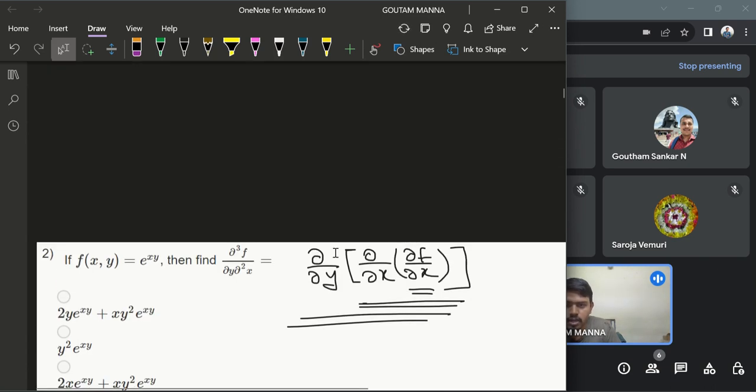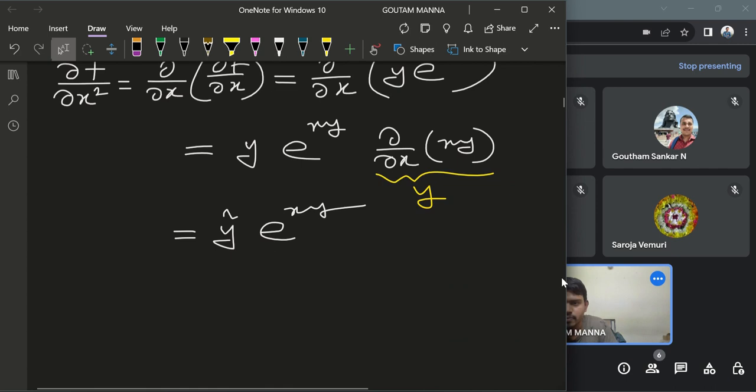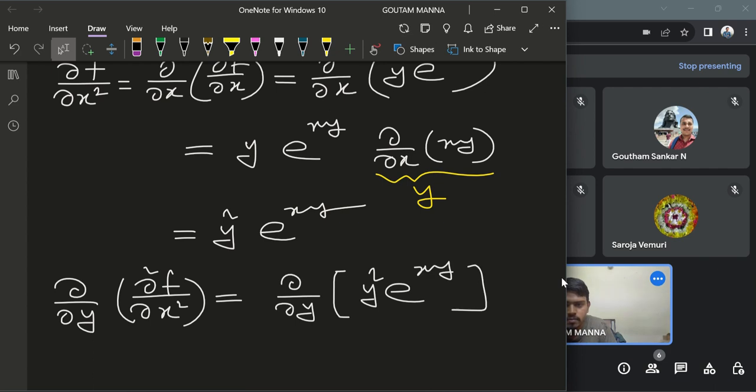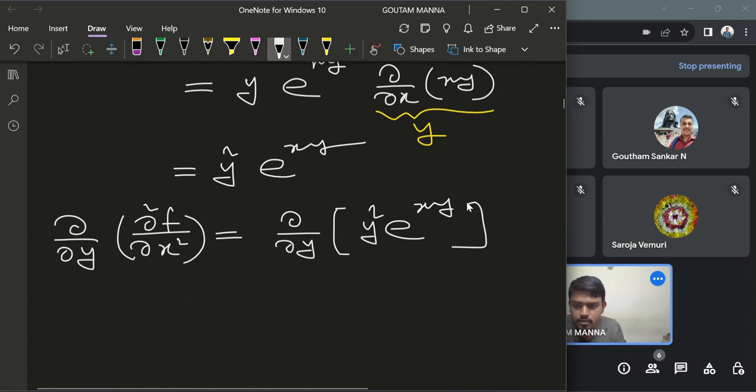So now we have to calculate del y of that, del 3f, del y of del 2f del x2, which will be del y of y square e to the power xy, equals, so first we have to calculate the derivative of y square with respect to y.